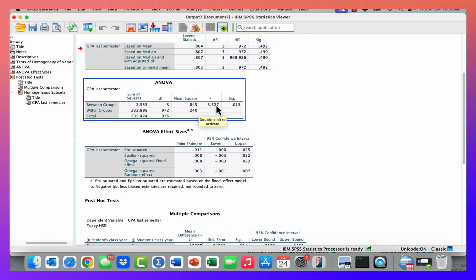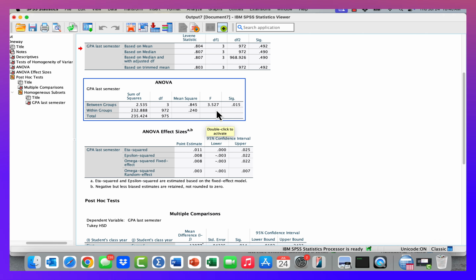Here, our F statistic is 3.5, and that corresponds to a p-value of approximately 0.015. So p is less than 0.05, so we can conclude that the means between groups are significantly different at a 95% confidence level. However, we cannot make any statements about which means differ from the table.